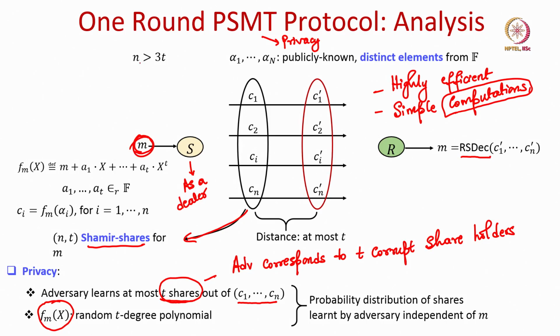The only disadvantage that you might say here regarding the protocol is that it requires a lot of channels, a lot of wires between S and R. So, for instance, if I take n equal to 100, then this protocol will work as long as up to 33 wires are compromised.